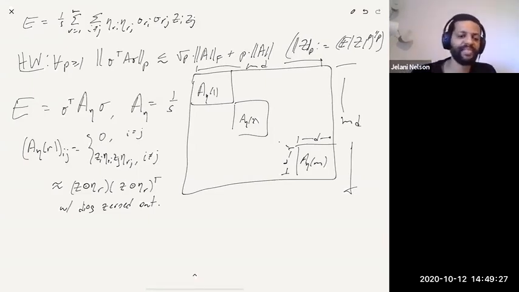So I apply this mask vector to z. So it zeroes out some entries of z, it keeps the rest. And then I take that masked version and I take ZZ transpose. And then I zero out the diagonals. Does that make sense? That's what A eta R looks like. Okay. Questions about this?